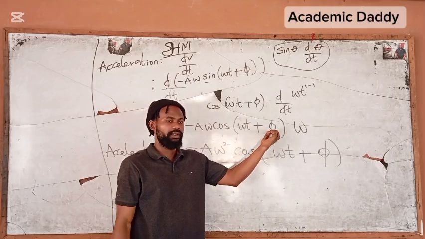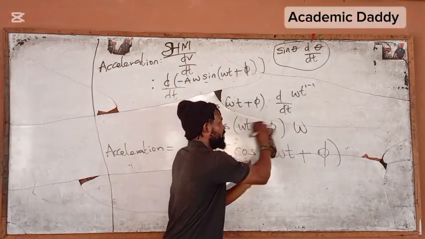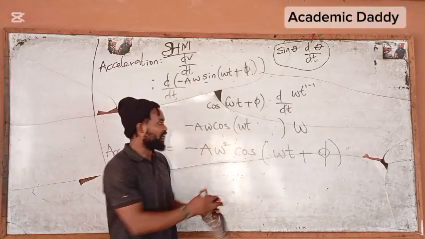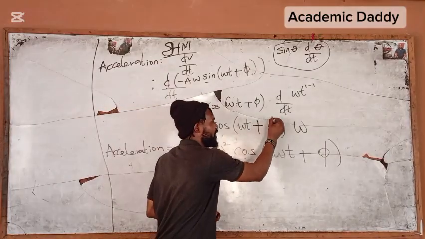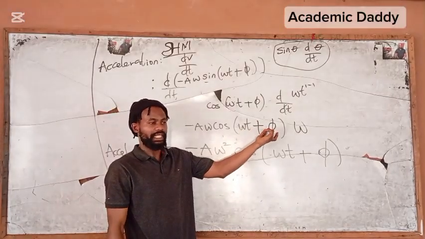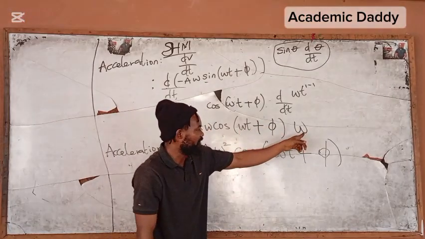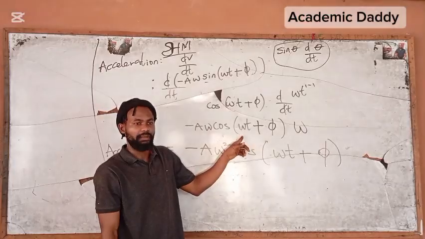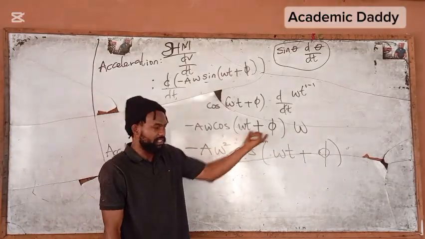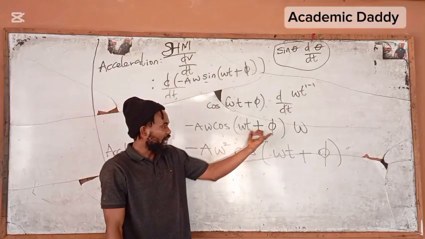A situation where I don't have this thing means that there's no change in the angle. They are giving room for the angle to change. That is why notice that this W, I could have multiplied it in here, but I tried not to touch it, because I know that this thing is an angle on its own.